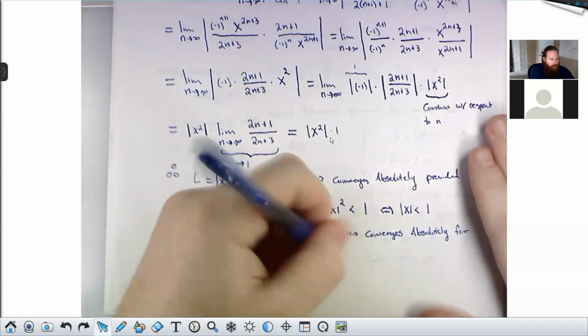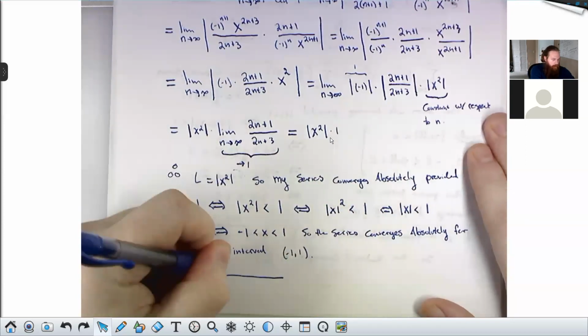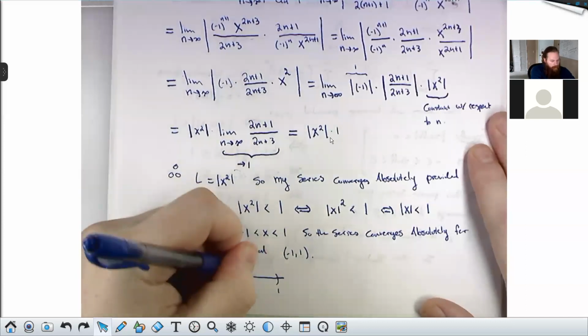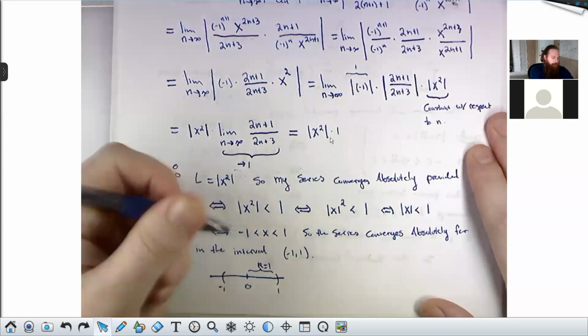I can draw that interval. My center here is 0. -1 is here, 1 is here. So my radius of convergence is 1.